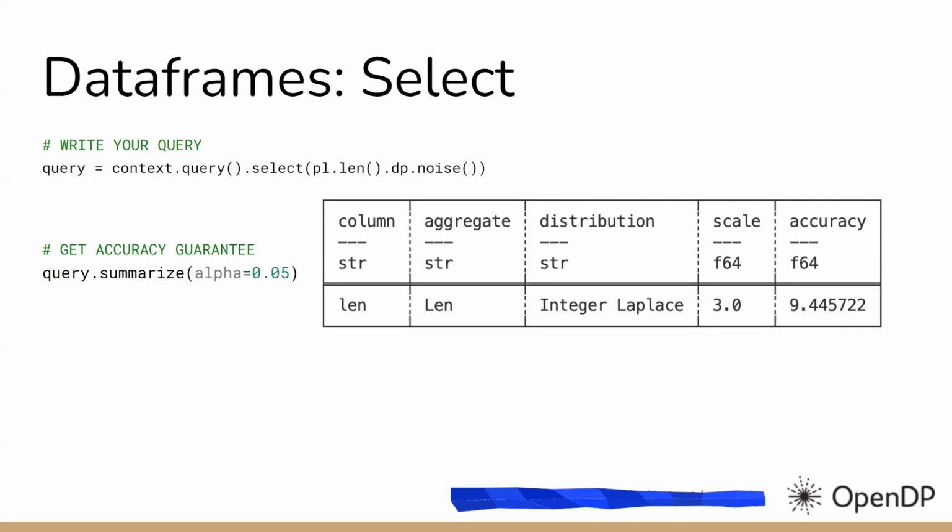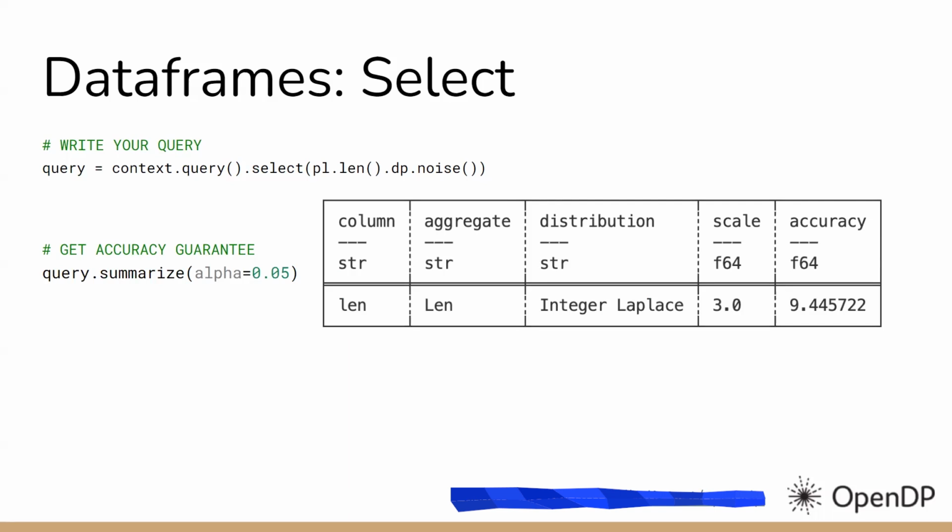It's saying that we can expect one column in the output data frame with the name of length. The aggregation we're doing on that column is computing the dataset size. The distribution we're using is an integer Laplace mechanism. We're calibrating the noise scale to 3.